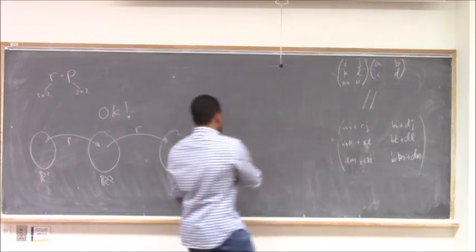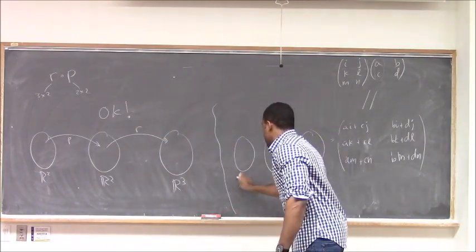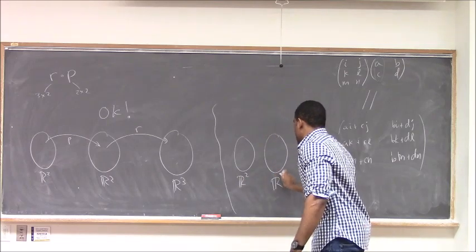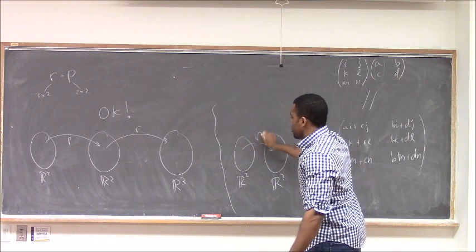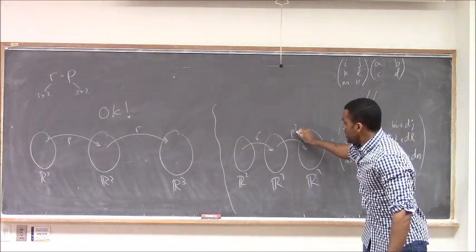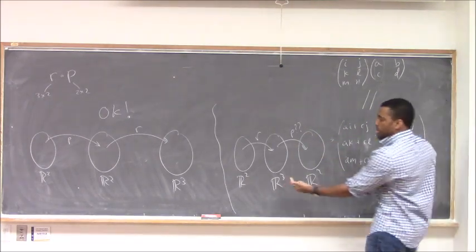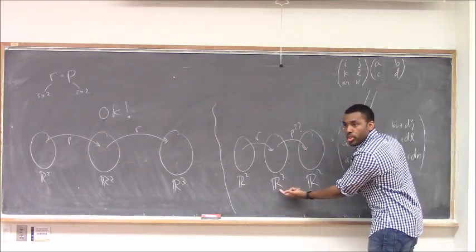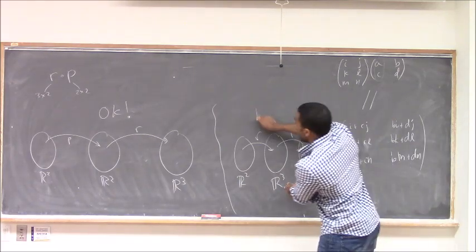Why didn't the other way work? Because if I went in reverse order, if I started here as R2 and that as R3, R would go do that. But could P do that? The answer is no. Because P cannot take R3 as input. It cannot take a 3-dimensional vector as input. So this is not okay.